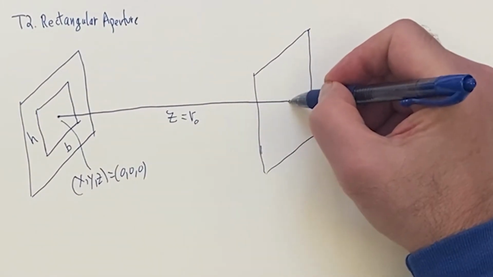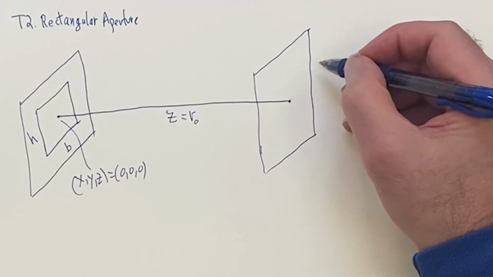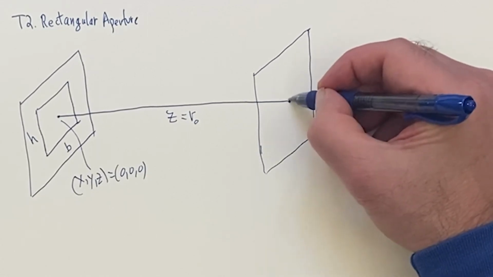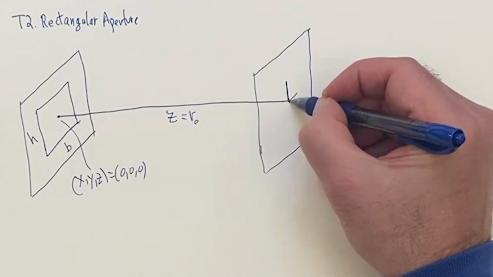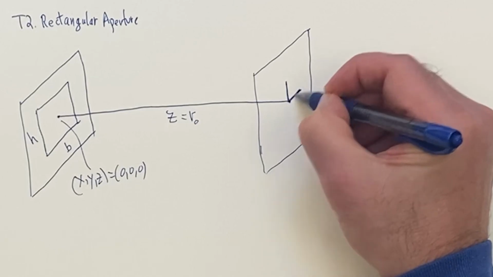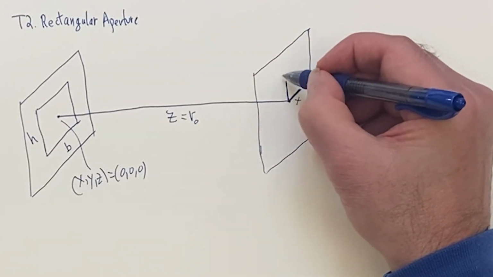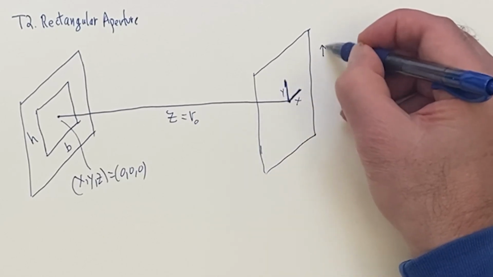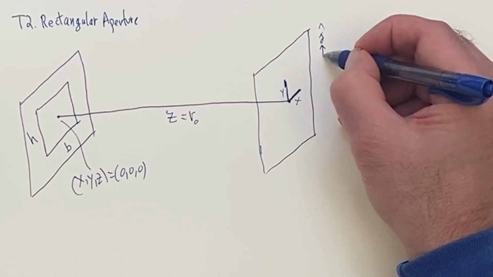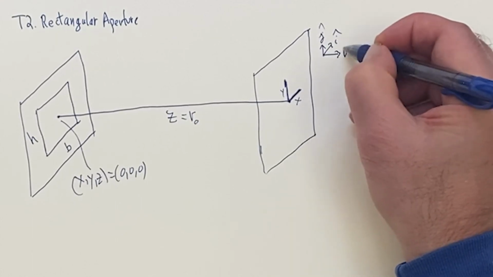That's at this point. And here, if we have a coordinate system where y is up, because this is z, and then x would be in this direction. If I have my j hat straight up and my i hat going into the page, i cross j is k going to the right.